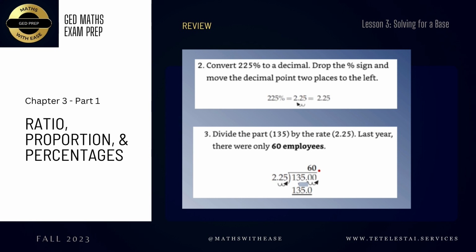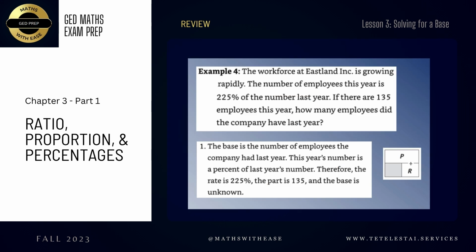Okay, so here's one. This was an example on solving for the base concerning the percentage formula. So in this example, we're told that the workforce at Eastland Inc. is growing rapidly and the number of employees this year is 225% of the number last year. If there are 135 employees this year, how many employees did the company have last year?